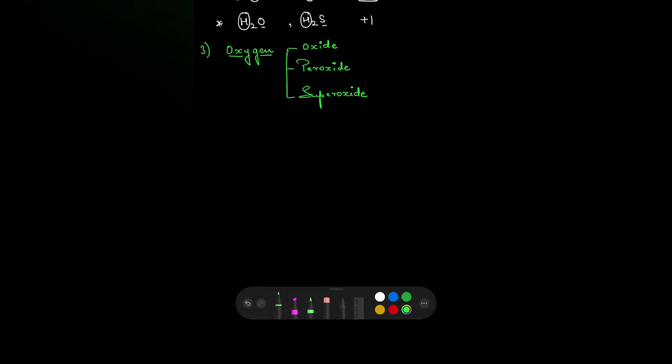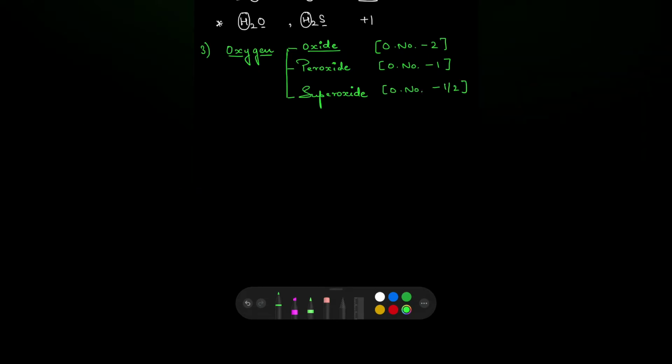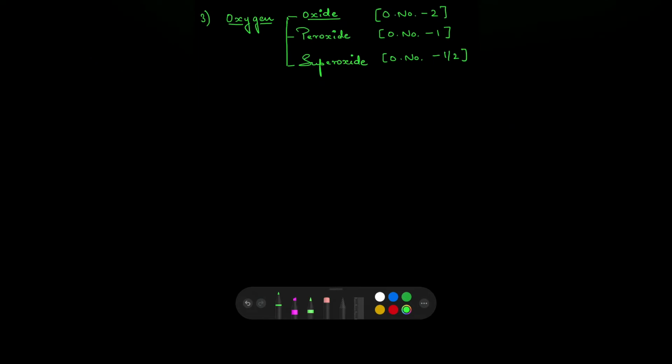Now the oxidation number in case of oxide will be -2. In case of peroxide the oxidation number will be -1, and for the superoxide the oxidation number will be -1/2. So let's see the 3 cases.